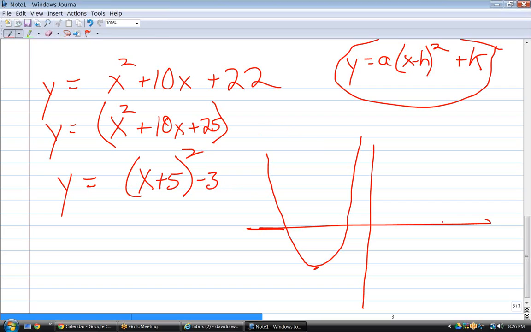Read the domain from my graph. Negative infinity to infinity? Yes. Negative infinity to infinity.